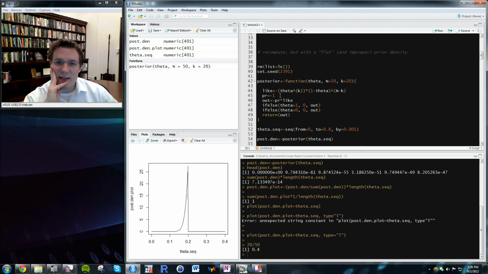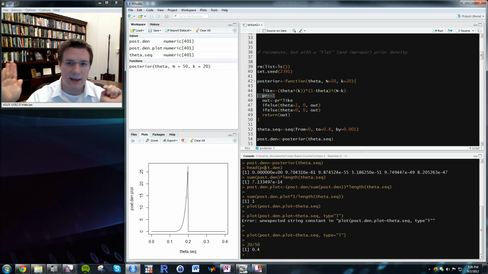This time I'm just going to set my prior probability to a constant 1 for everything. Now, you'll notice that prior is not proper. If I integrated a prior density that set 1 as a value anywhere on the function, from theta equals 0 to 1, actually in this case it would be a proper prior.